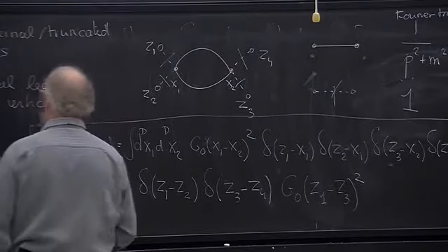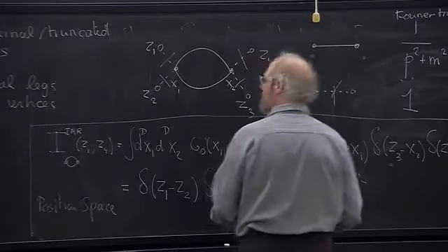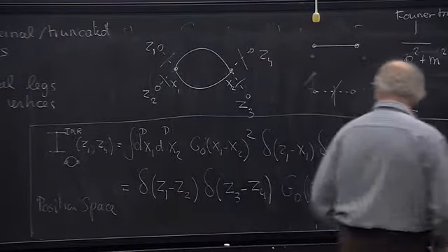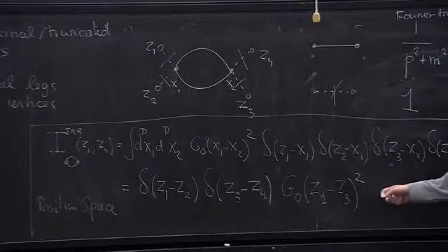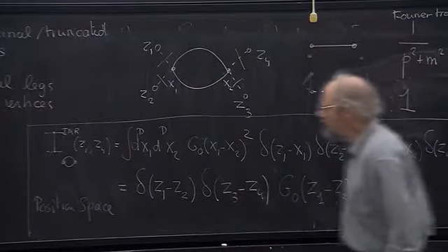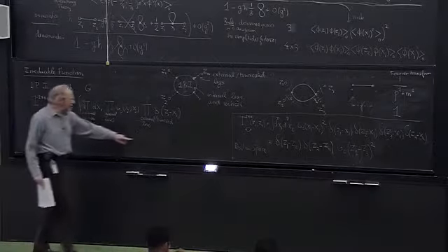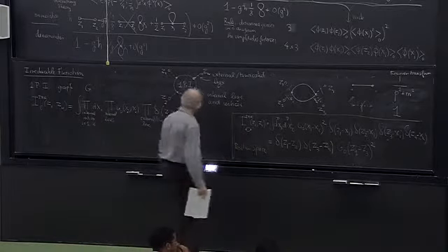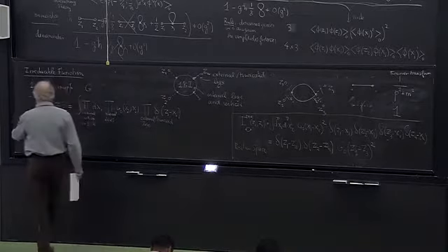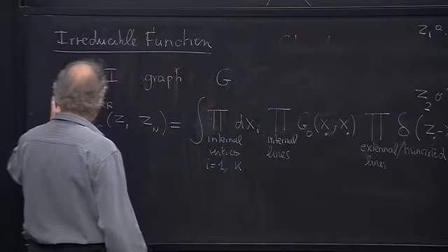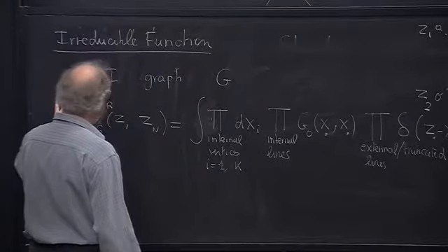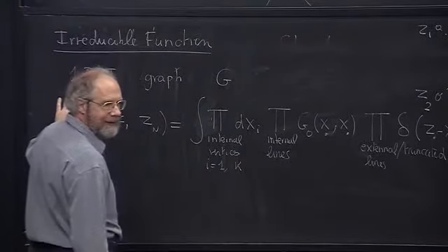And if you want to go to momentum space, I'll draw that later. You are going to have a function of momentum. So this is a definition of the amplitudes associated to an irreducible diagram.